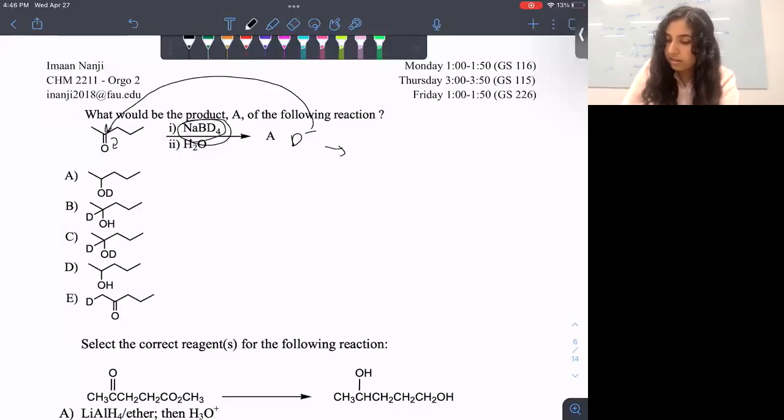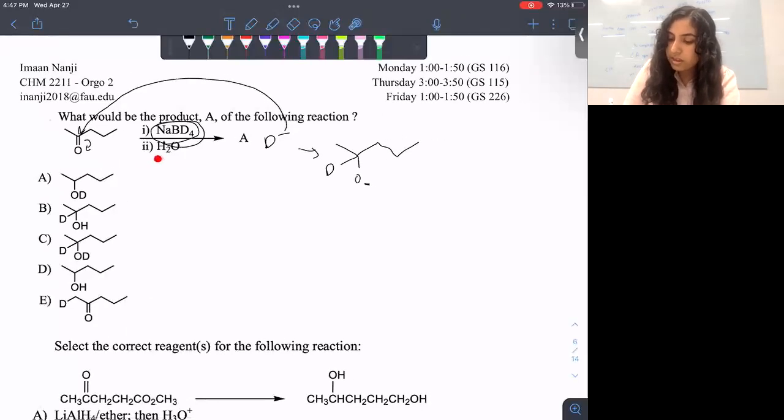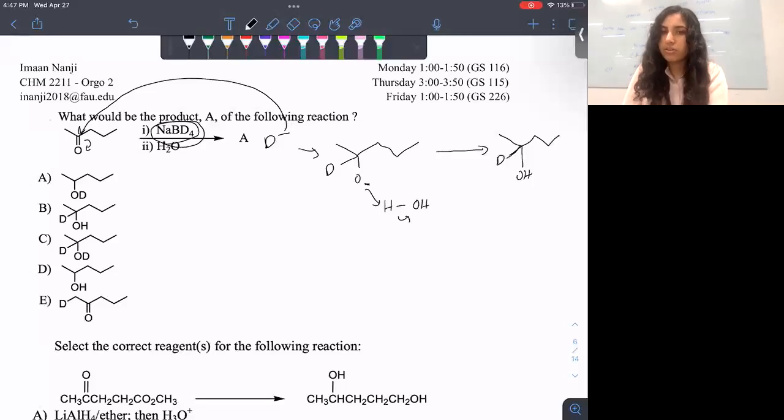After the attack, you get your D added and then your alkoxide. And then the second step is H2O. It's H2O, not D2O. So when this alkoxide reprotonates itself, it's going to reprotonate with a normal hydrogen, not a deuterium. So just keep that general idea of the mechanism in mind.